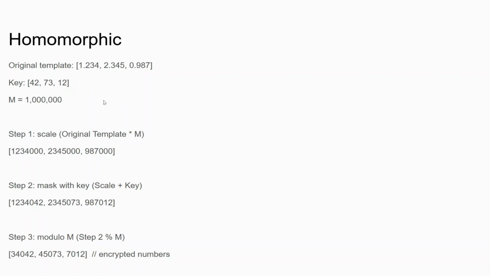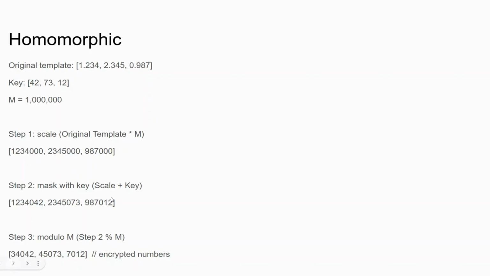The second step is you're going to take your results from step 1 and add the key values to it. So 1,234,000 plus 42, which is the first number of the key. And you do that for each number.